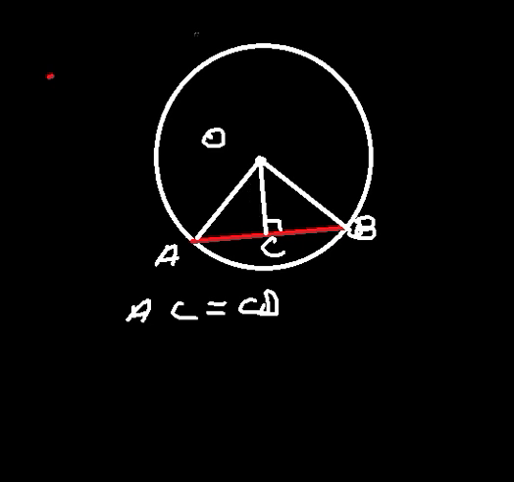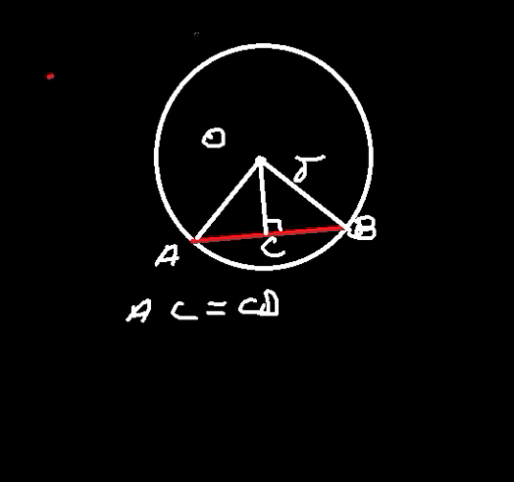If we know the radius of the circle and the distance of the chord from the center, we can find the length of the chord using Pythagoras theorem.